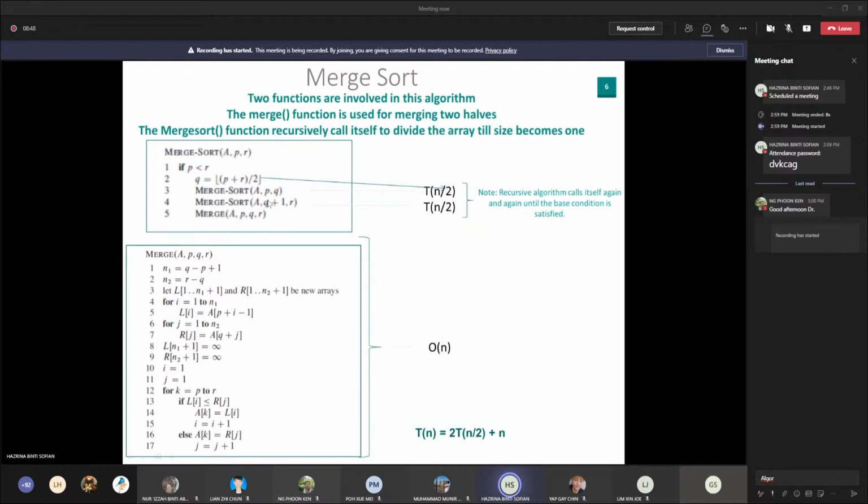So it is from the middle, which is Q, we already get Q plus 1 until R. Okay, so these two are recursive function calls. This one is not a recursive function because the definition of a recursive function is that it calls itself again and again. For merge sort, it calls the merge function, so this one is not a recursive function.